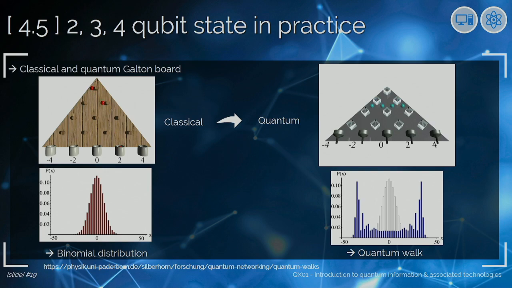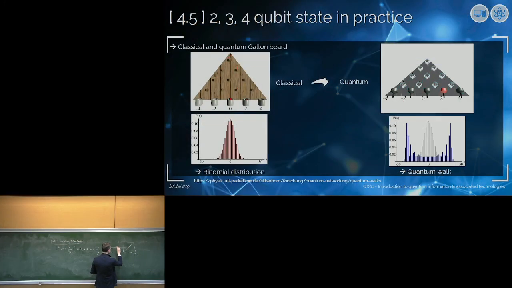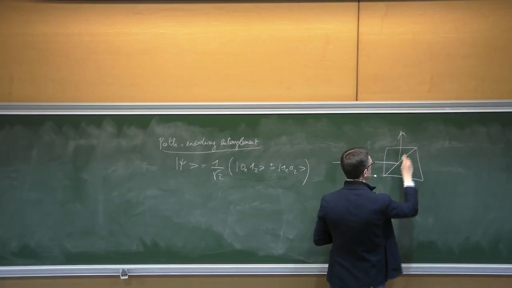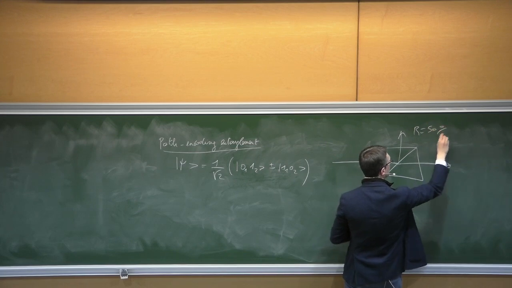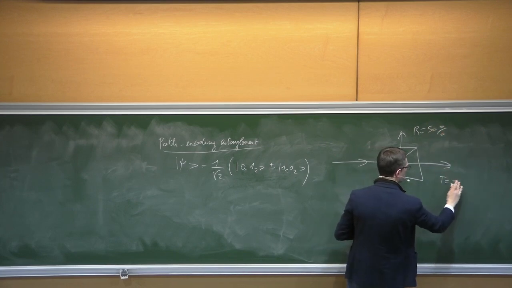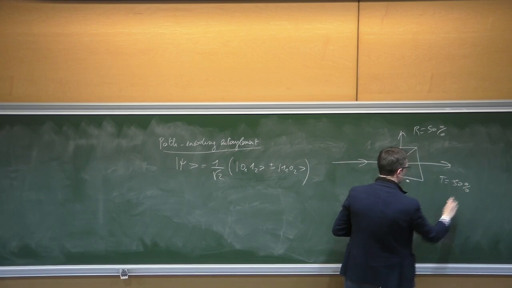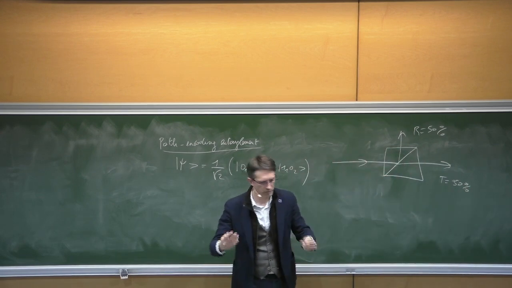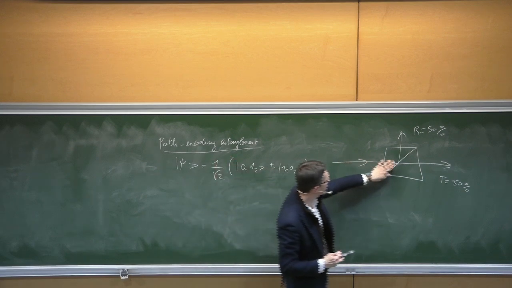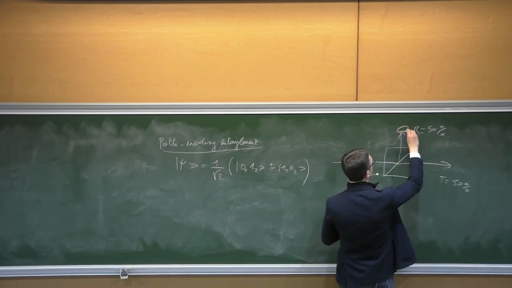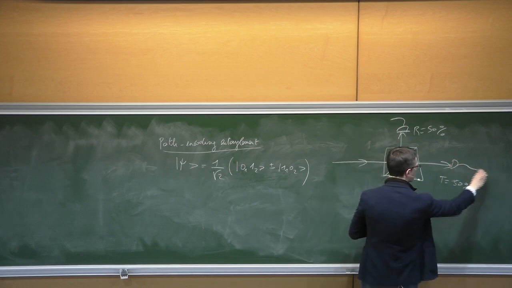If I send a single photon onto a beam splitter, a separator of light with 50% chance of reflecting the light and 50% chance of transmitting it, then if I have a laser pointer with 1 milliwatt of power, on average I will measure 0.5 milliwatt here and 0.5 milliwatt there.